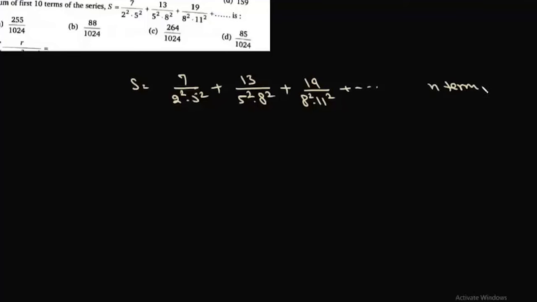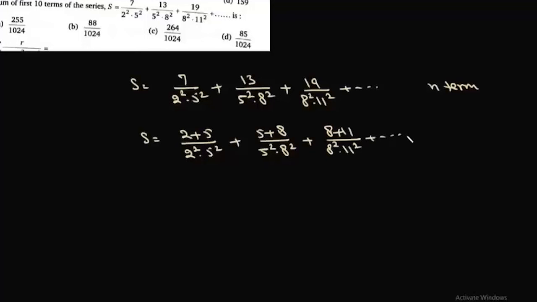Now we can write this series S as, now 7 is 2 plus 5, so it will be 2 plus 5 upon 2 square into 5 square. 13 is 5 plus 8, so it will be 5 plus 8 upon 5 square into 8 square. This is 8 plus 11 upon 8 square into 11 square up to n terms.